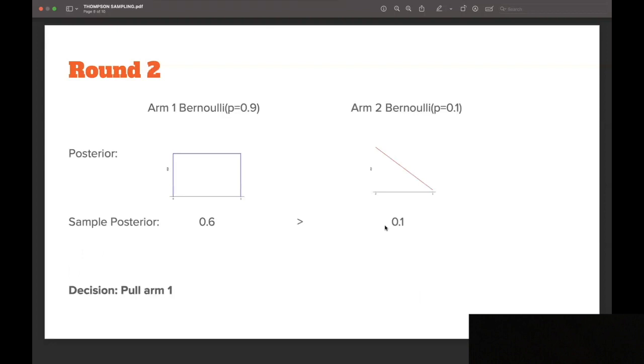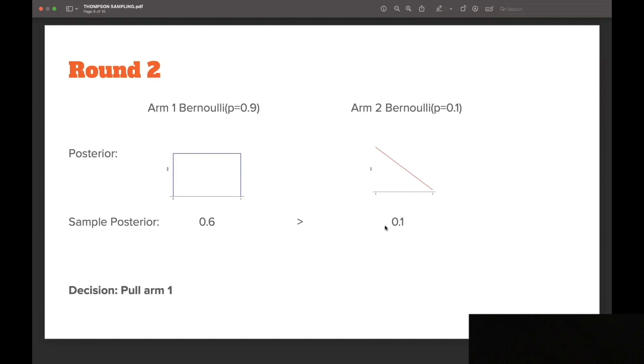Then, repeating the same process, Thompson sampling draws a sample from these posterior distributions, and assume that we obtain a sample of 0.6 for the first arm and a sample of 0.1 for the second arm.